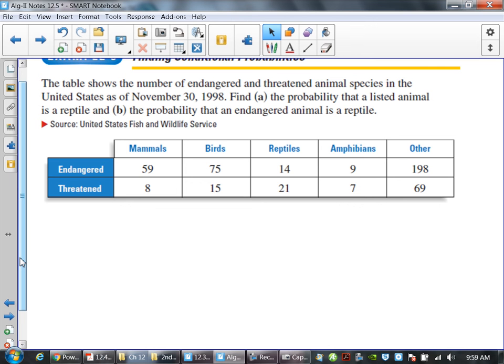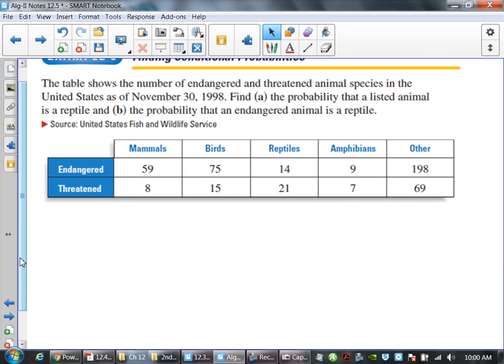I'll take everyone's. So, back in the day, I'm sure this list has been updated, and I bet there are a lot more endangered or threatened species in America. So the first thing we do is find the probability that a listed animal is a reptile. We look at our list and count how many of them are reptiles.